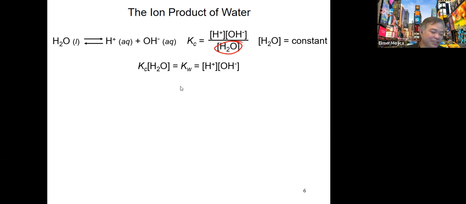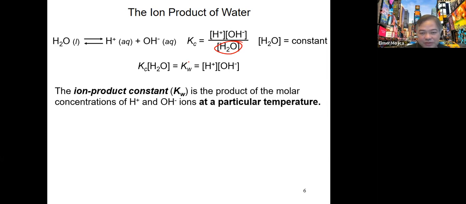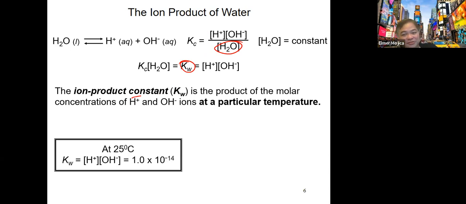So Kc times water will give you Kw, which is the ion product constant. And it is the ion product of H plus and OH minus at a particular temperature. At 25 degrees Celsius, it is 1.0 times 10 to the negative 14.